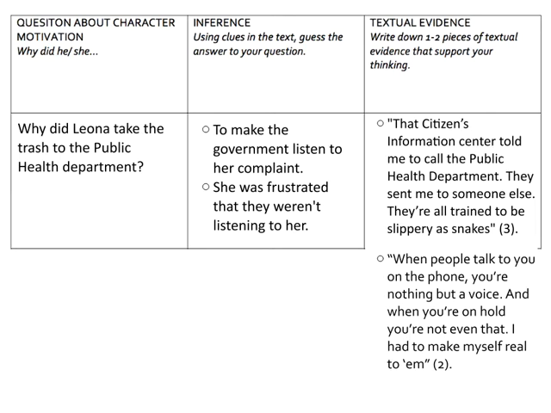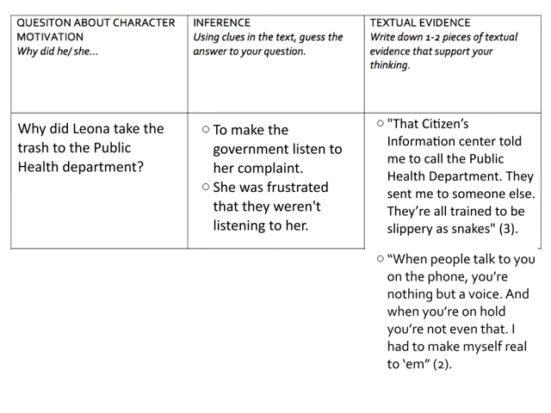So let's actually look at a piece of evidence. I made an inference about character motivation in Leona's story. One of the pieces of evidence that I used was this one: the Citizens Information Center told me to call the Public Health Department. They sent me to someone else. They're all trained to be slippery snakes.